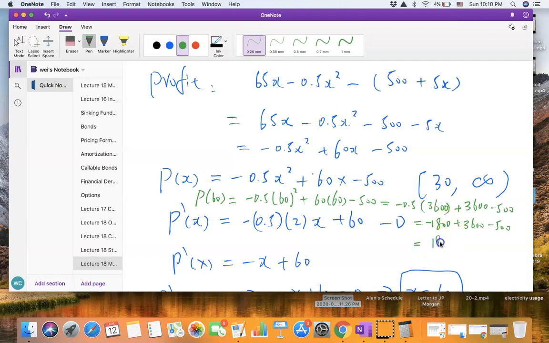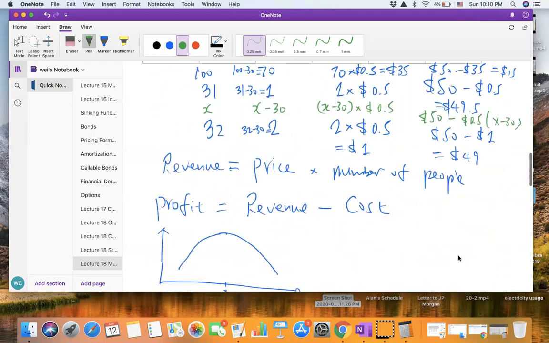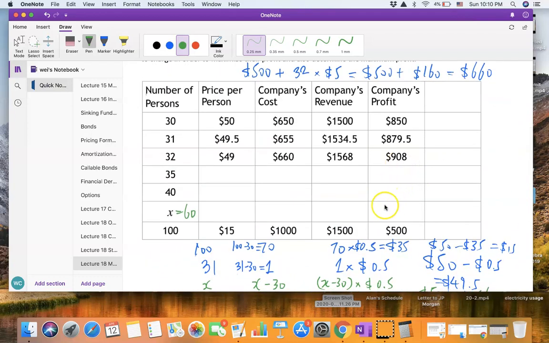This is 1800 minus 500, which is 1300. So the company's maximum profit is 1,300.